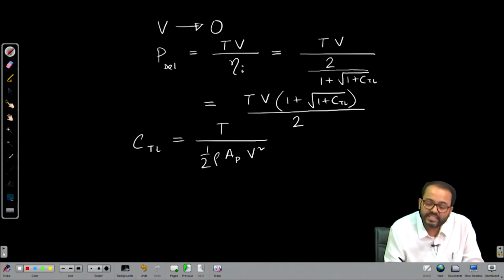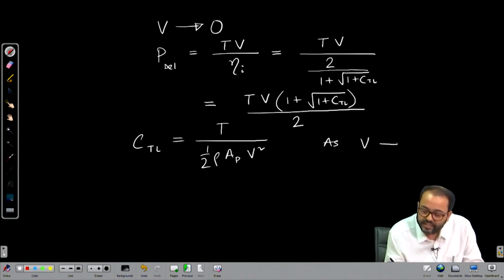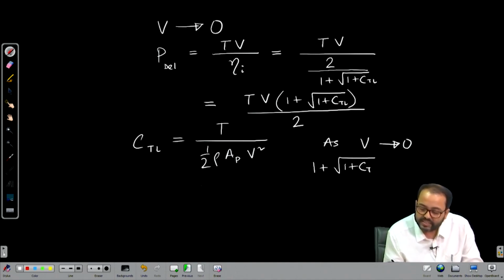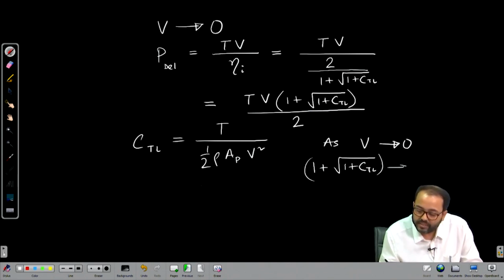So, in those conditions we can write that as V is approaching 0, 1 plus CTL will approach root over CTL.